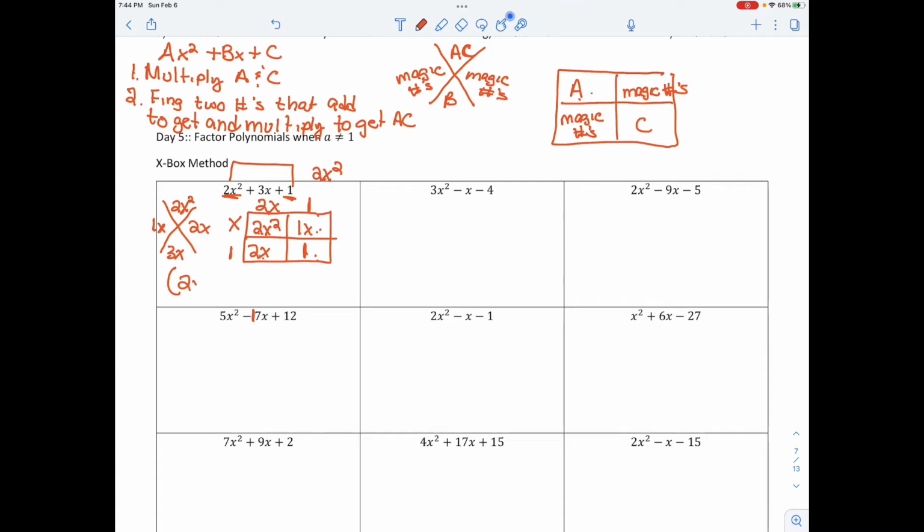So when I factor this, I get 2x plus 1 and x plus 1. And I got that from the side numbers here. So this is 2x plus 1 and x plus 1. And that 1, that's not a subtraction sign. That's under that 1. I wrote that earlier. Okay?